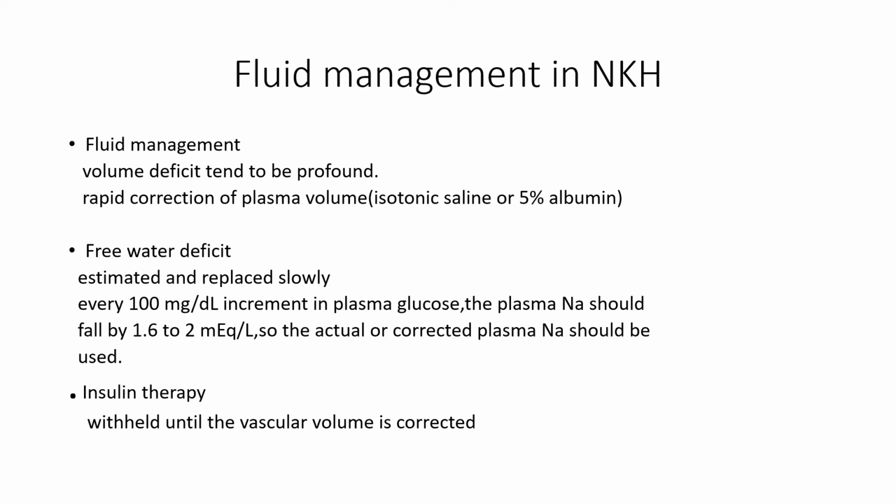For every 100 mg per deciliter increase in plasma glucose, the plasma sodium should fall 1.6 to 2 milliequivalent per liter, so the corrected plasma sodium should be used. Insulin therapy should be deferred or withheld until the vascular volume is corrected first.